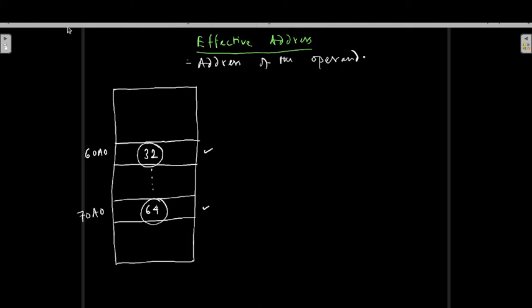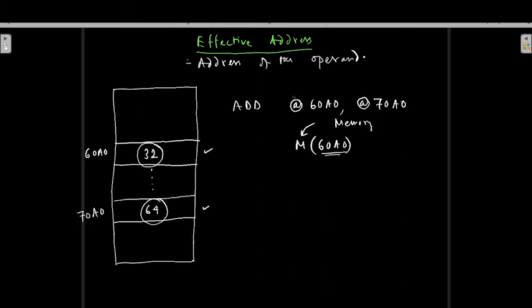The corresponding instruction can be written in this format: add @60A0, comma @70A0. Now the meaning of this instruction is that add the content of the location 60A0. Here we are using the M to denote the memory.